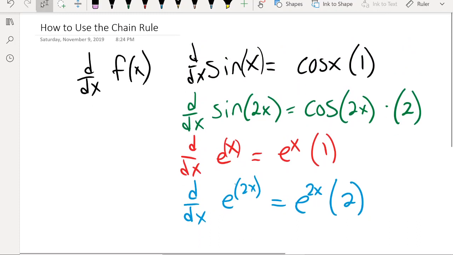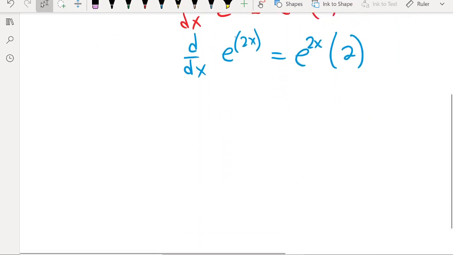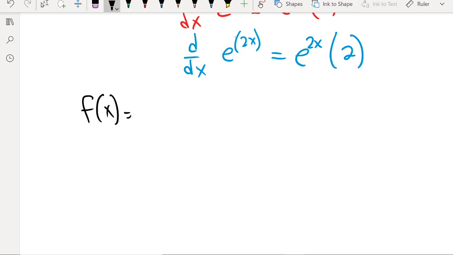So what about regular functions? Let's just say we have f of x equals x squared plus 2x plus 1.